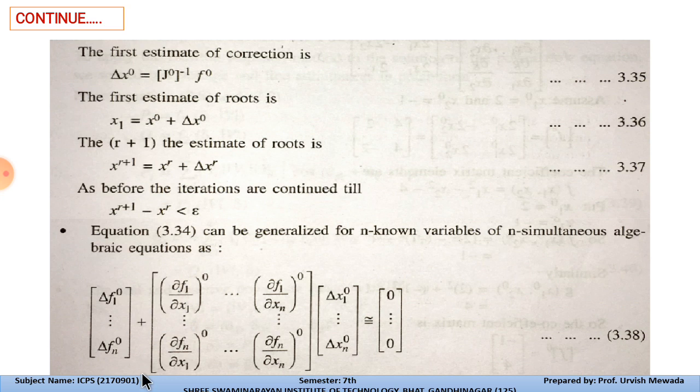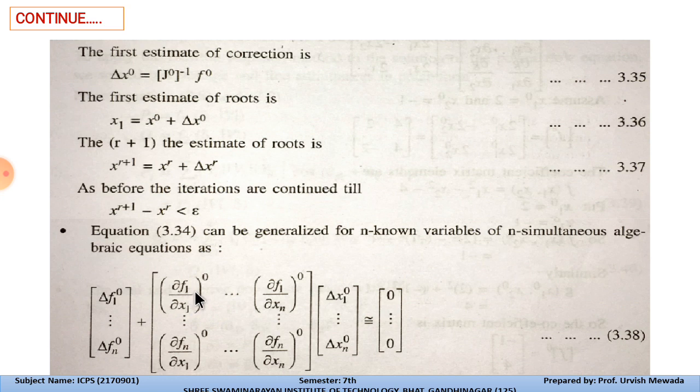So this equation will become df1 by dx1. This is the matrix that we formed in the previous slide. We are just writing it for n unknowns and n simultaneous algebraic equations. That's why instead of 1 we are putting n. So f1 will become fn, and we are finding the function x1, that's why del x1 remains as it is.